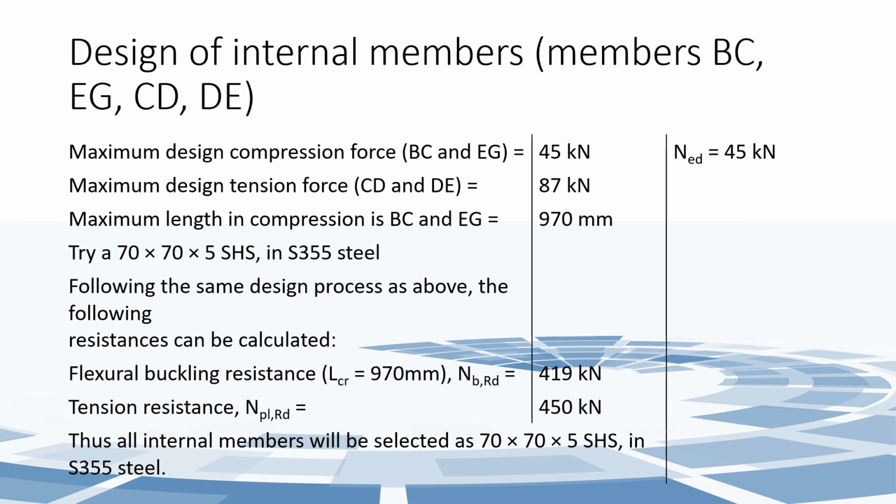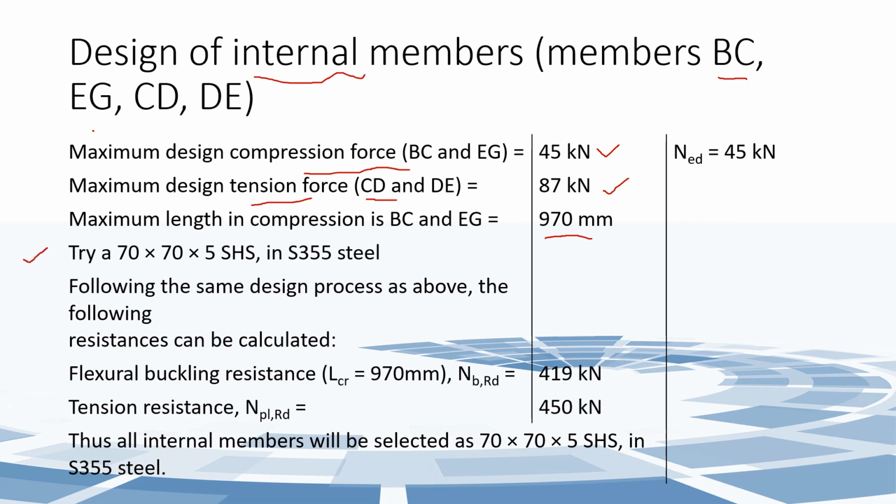Now in trusses we have internal members, so you need to design the internal members. We found the internal members are BC, EG, CD and DE. The maximum design compression in BC and EG is equal to 45 kilonewton. The maximum design tension force in members CD and DE is equal to 87 kilonewton. The maximum length in compression is BC and EG, so the length is 970 mm.